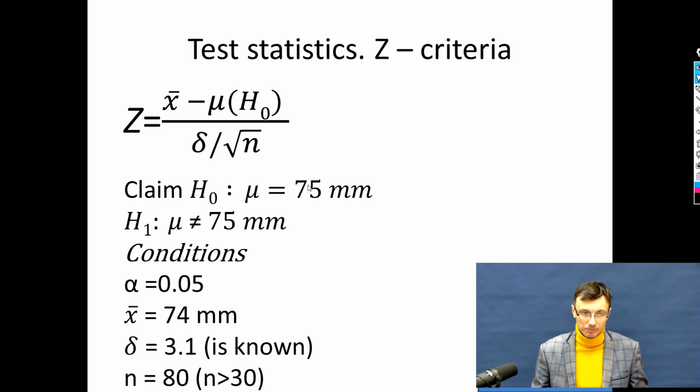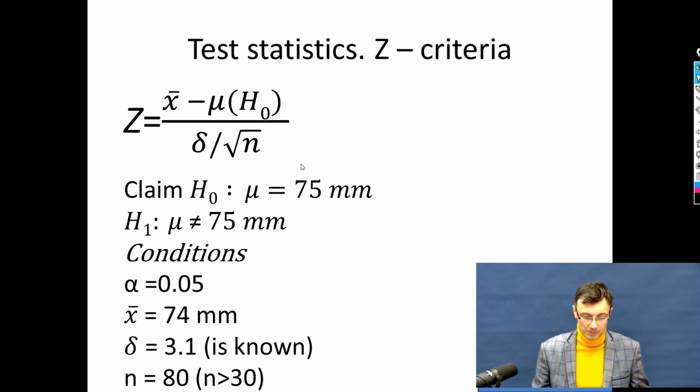We made some measurements, and we calculated that our sample mean is 74. The standard deviation of the population is also known, it is 3.1, and our sample size is 80, so it's more than 30, and we can use the criterion.